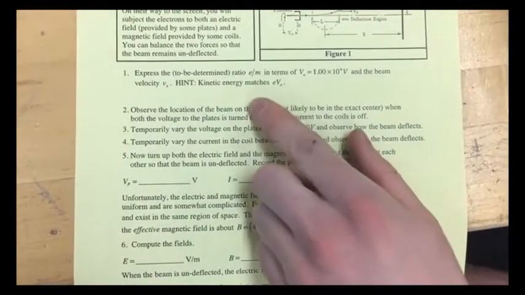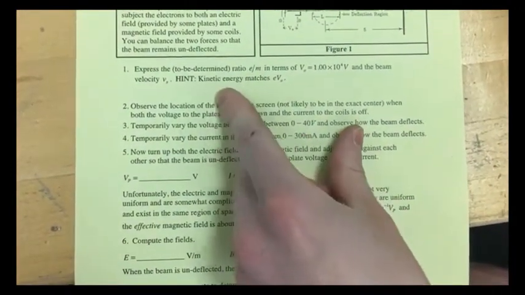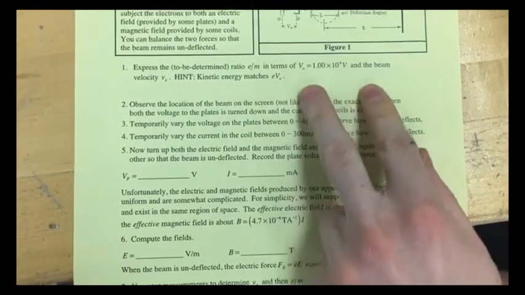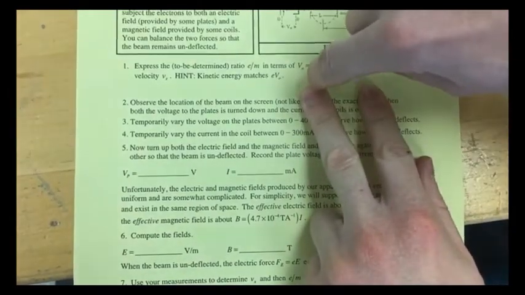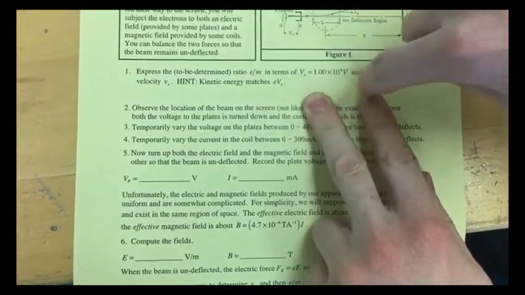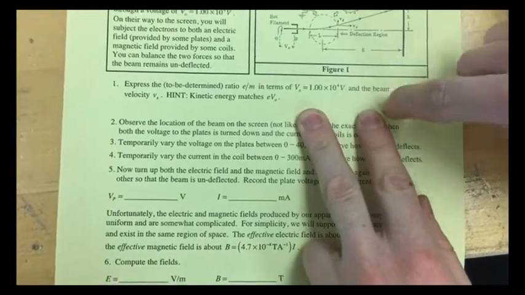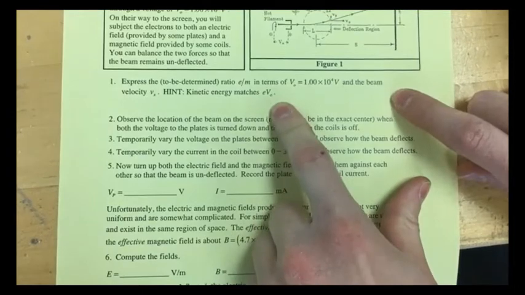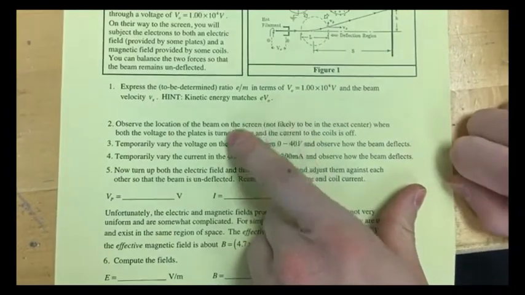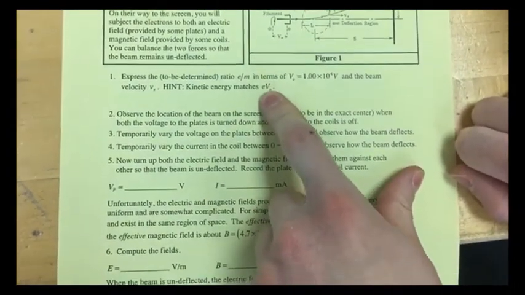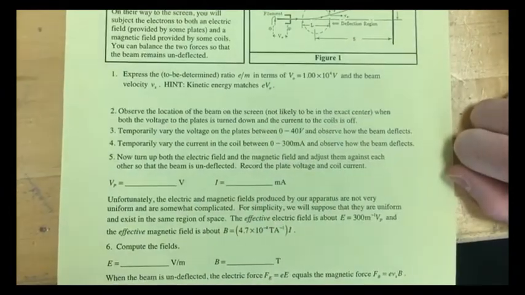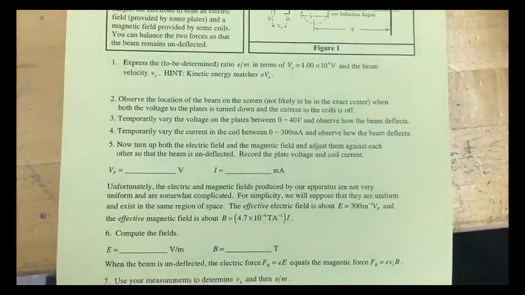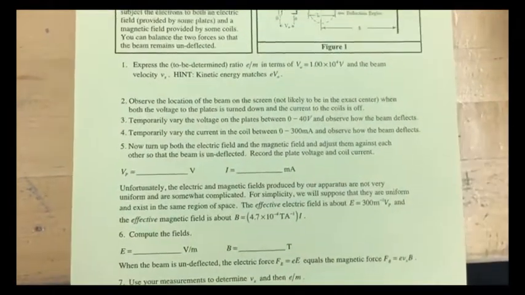For any accelerating charge over a voltage, if it's starting at rest and then gets accelerated over the voltage, the kinetic energy as it leaves is going to be equal to the charge, which in this case is just e, times the voltage that it went over. And so this term is going to equal 1/2 mv squared for the electron.